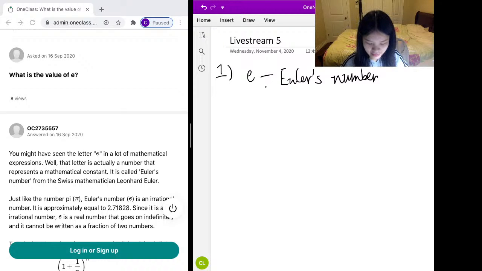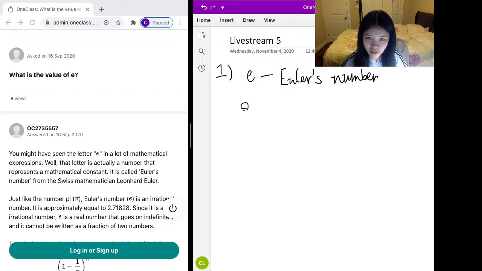So why would we need this number? Because this number is a really common constant that appears in a lot of different areas of mathematics, such as compound interest or in some really common functions.